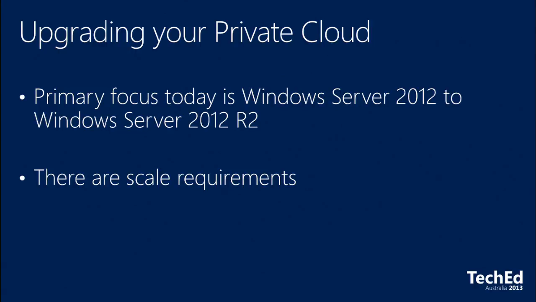We are going to talk about 2008 R2 to 2012 R2 at the end. I hate having to say upgrading from R2 to R2. Thank you, marketing people, for your original naming schemes. A lot of what I'm going to be talking about in the first section of this session for 2012 to 2012 R2 is on some level applicable to a 2008 R2 to 2012 upgrade.